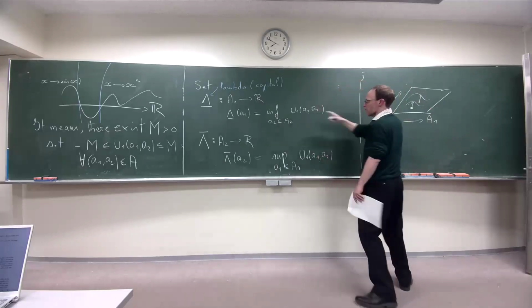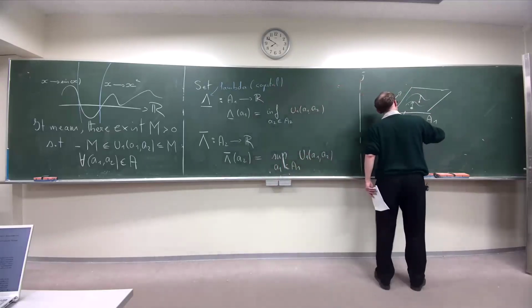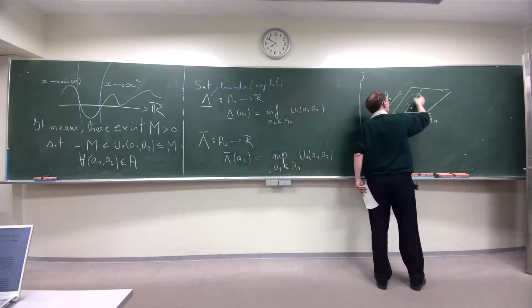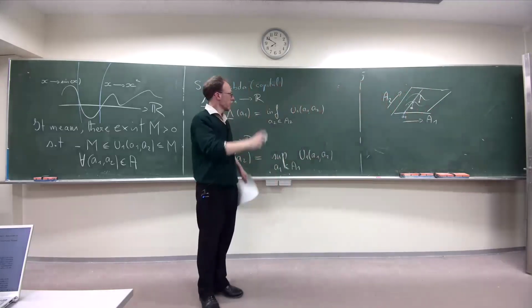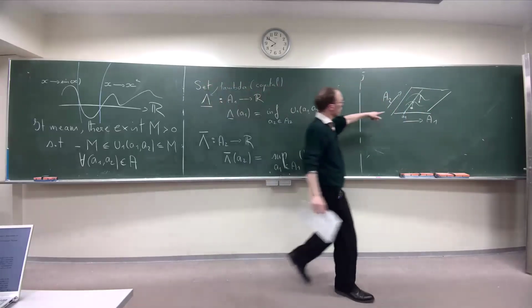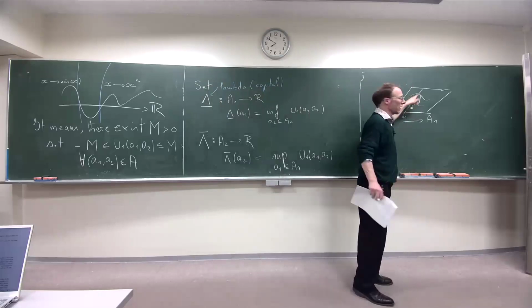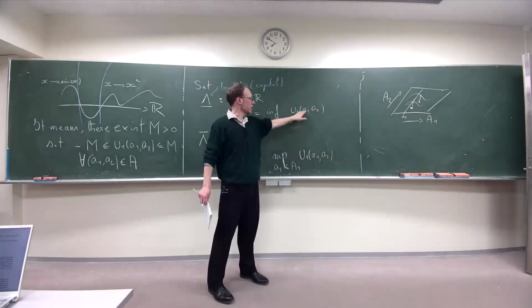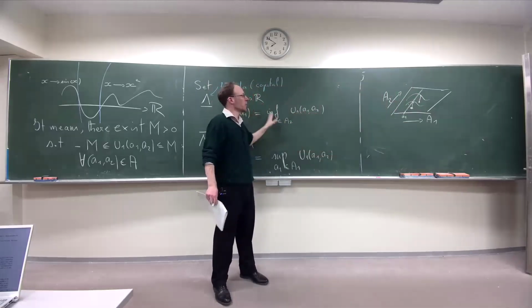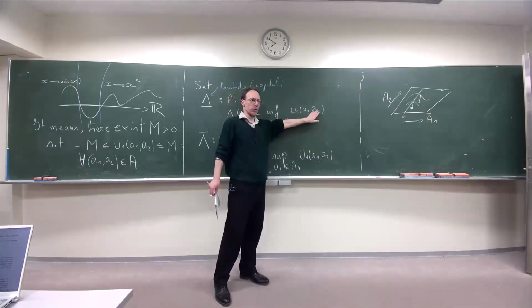And now for the first function, I fix a1. And I look at all possible values of a2. So I look at all possible values, and I look at the minimum value taken by this function. So I fix a1, and I look at the infimum, you can think about a minimum, the minimum value of this function, which depends only on a2.